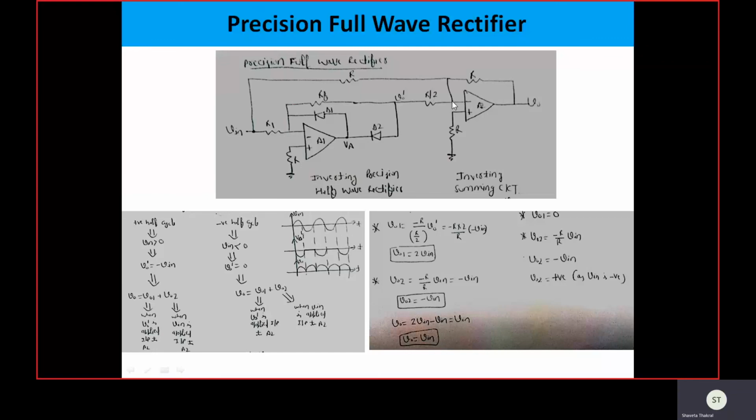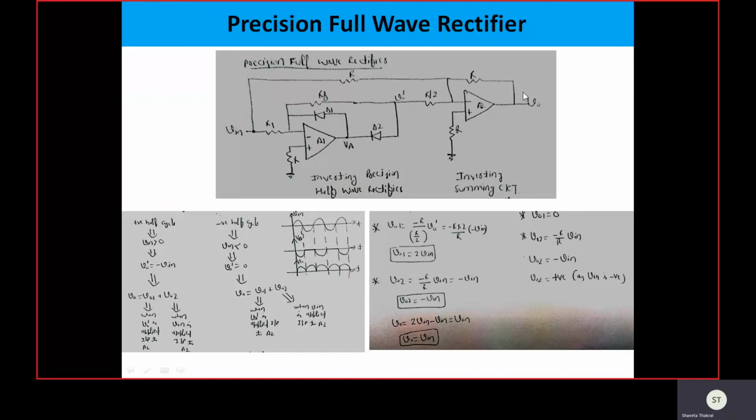So at this point, two voltages are coming. The one voltage is V naught dash, and the second voltage coming at this point is V in. So at this point, we need to see the effect of both voltages, that is V naught dash and V in.